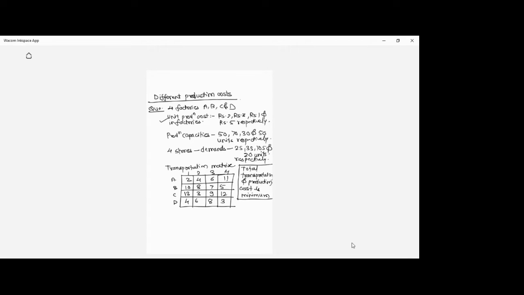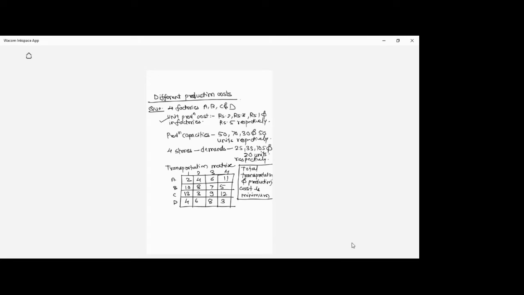In all the numericals we have seen before the variants, the simple ones covering the basics of the transportation model, the production cost of the factories was not given, and we assumed all the factories had the same production cost. But that assumption is actually not true.